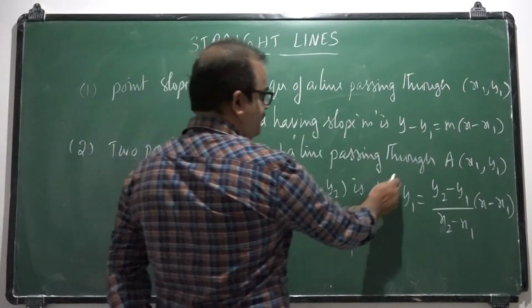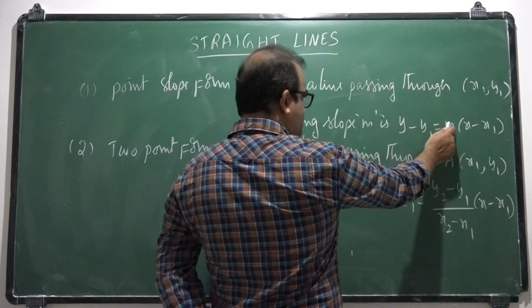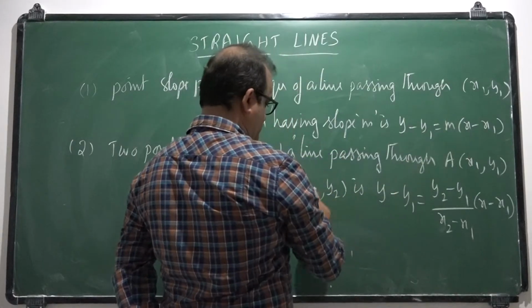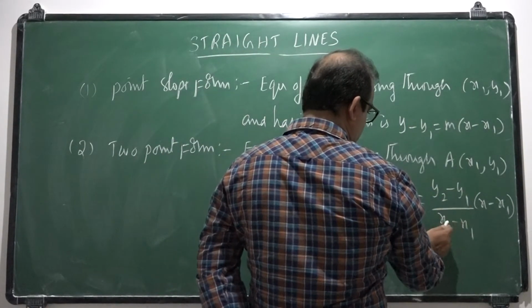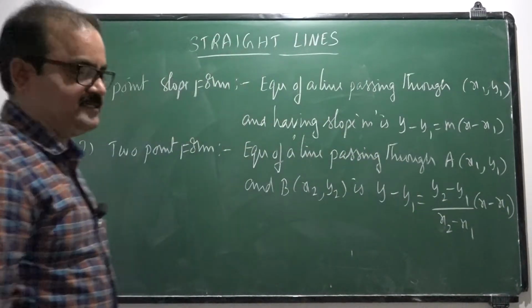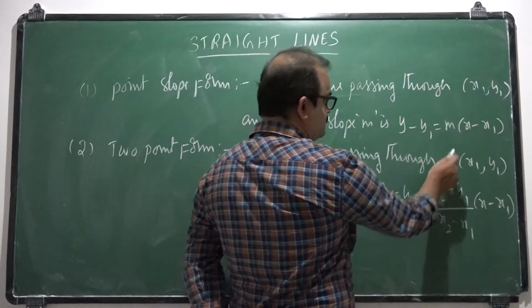This is obtained from this formula. What is the slope m passing through 2 points x1 y1 and x2 y2? y2 minus y1 by x2 minus x1. So this formula is deduced from this formula.